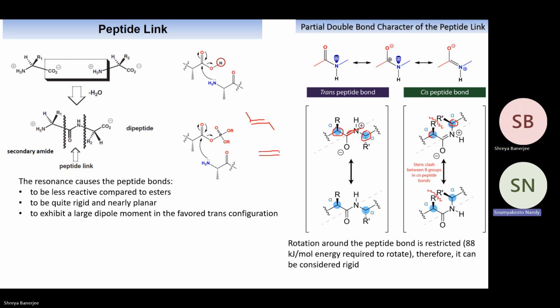And ma'am, what about the partial double bond character? Yeah, so you can see, this is one structure. Now, if the lone pair is donated here and this bond breaks, then this is the other structure. So these are two resonance structures. Now, resonance structures, you know that it will not completely be in one, it will not completely be in two. So this bond, you cannot say it is a full double bond, it is a partial double bond, because in one resonance structure there is a double bond, and in another there is no double bond.